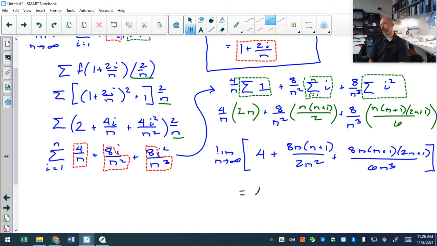So I have a 4, that's a constant, plus 8n squared over 2n squared. You divide those coefficients, that'd be 8 over 2. Plus, if I multiplied this one out, I have 8n times 2n. That'd be a 16n cubed and a bunch of other insignificant stuff, leaving you with 16 over 6. And there is your answer.